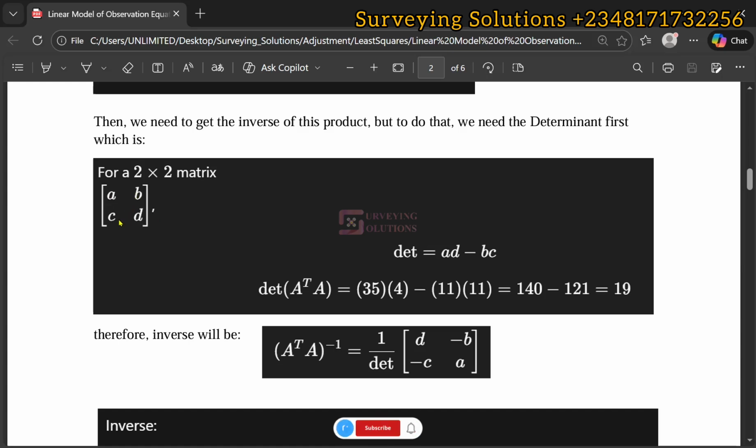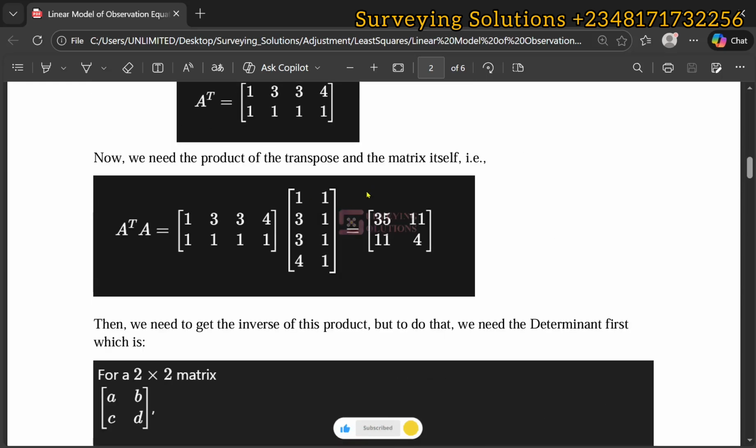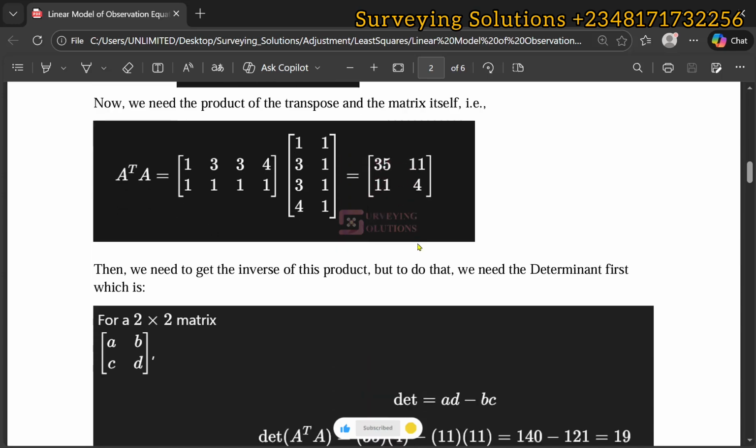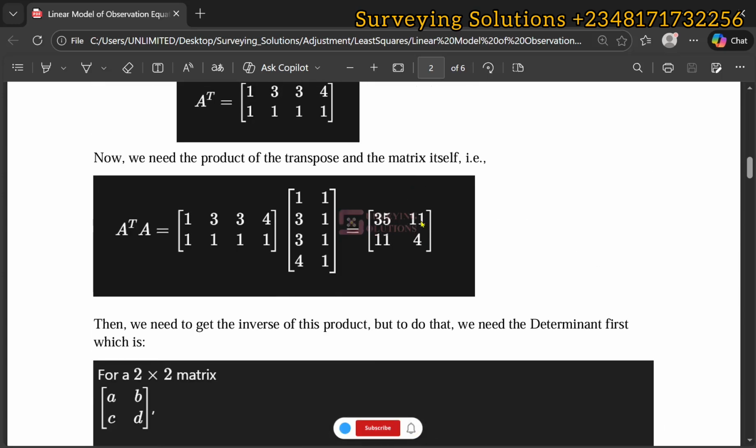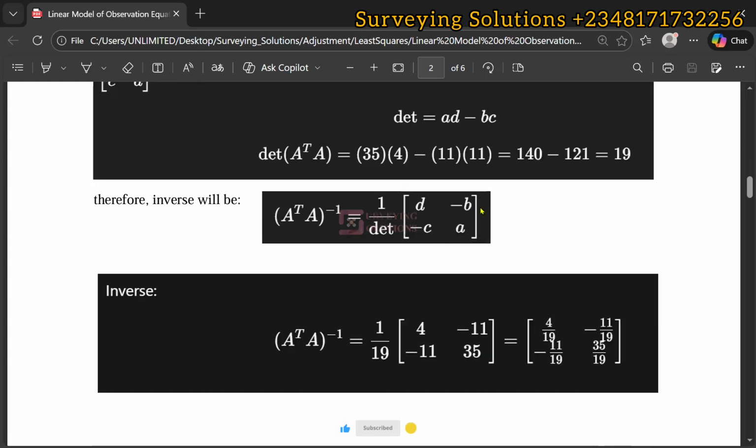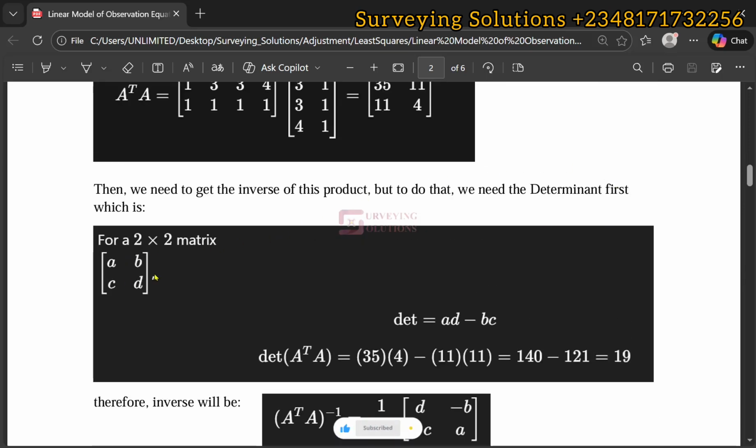So that's AD minus BC. So we have AD, which is 35 times 4, minus 11 times 11, which is also 121. So that's 140 minus 121, which is 19. Right, good. So that's the determinant of a 2 by 2 matrix.